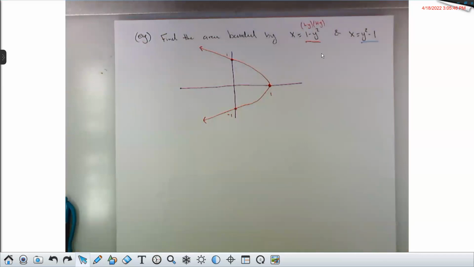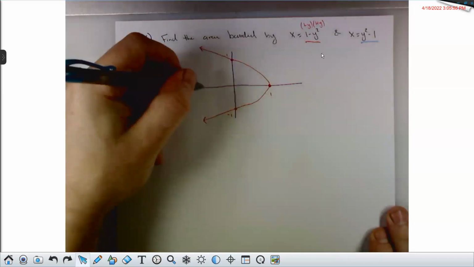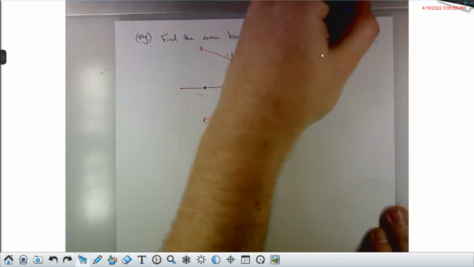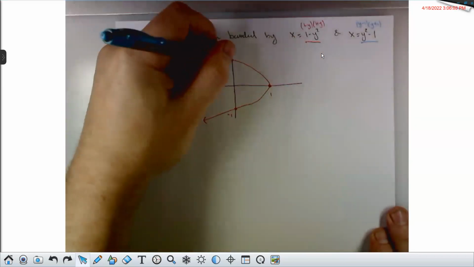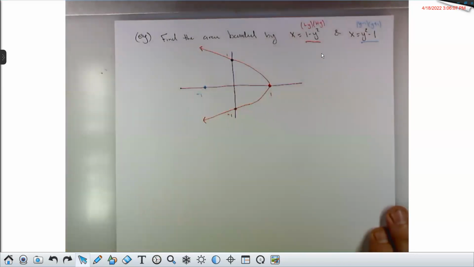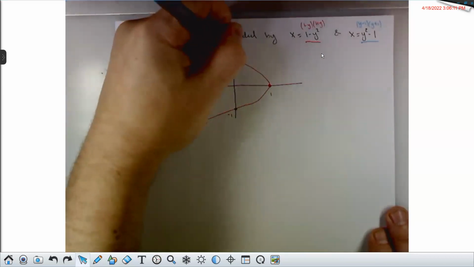The other guy is literally the negative of that. If you plug in 0 for y here, you get x equals -1. And he factors as y minus 1 times y plus 1. So he has the same roots, which in this case means the same y-intercepts. So he's going to be looking like this.